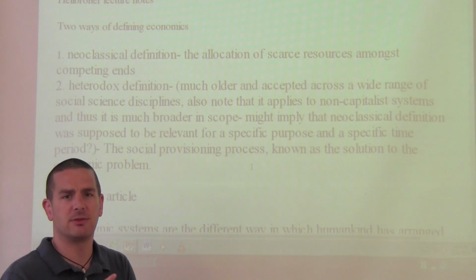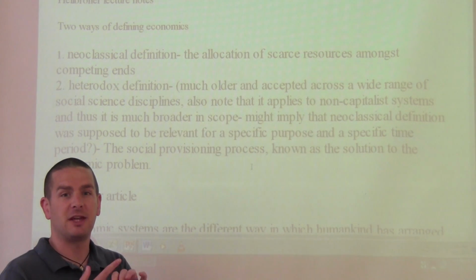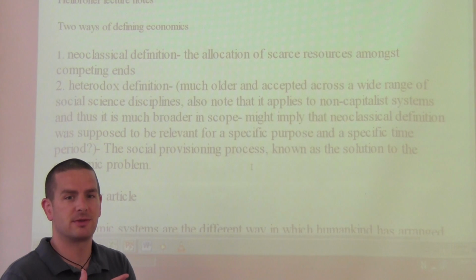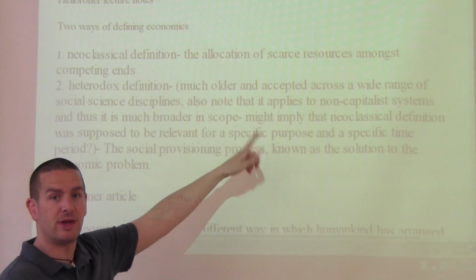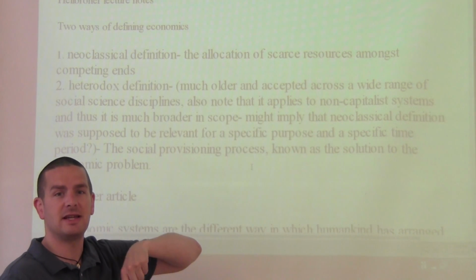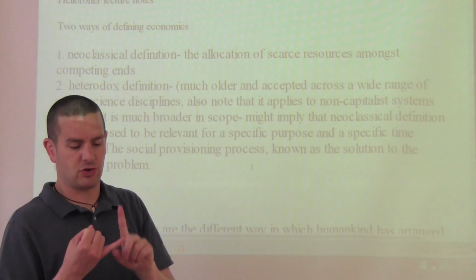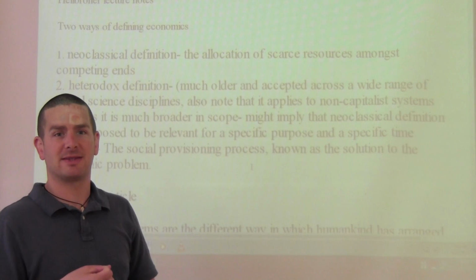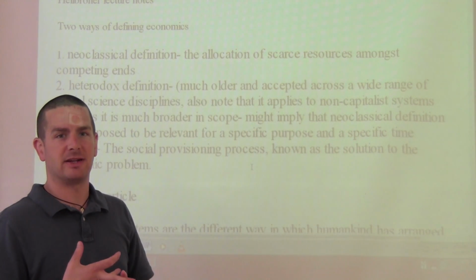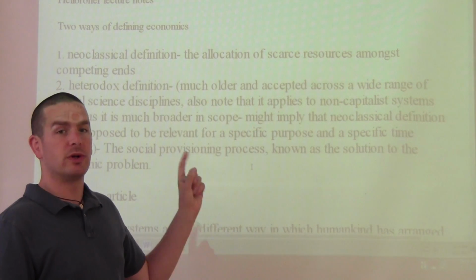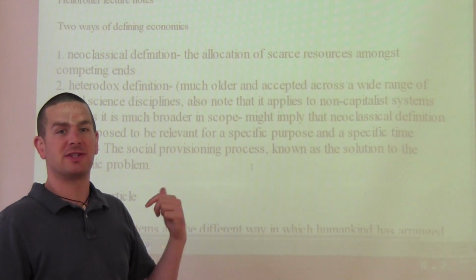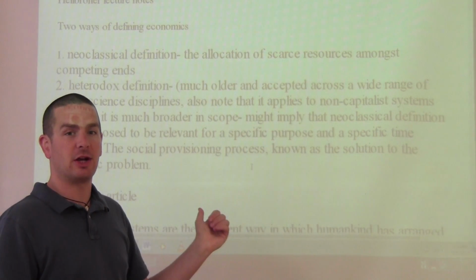And how is it going to be distributed? If you keep in mind those three questions, as we go through the Heilbronner article, you're going to see different economic systems, whether it's a traditional society, a command society, or a market society. Each one of those answers those three questions differently, and I'll point that out as I go. Okay?